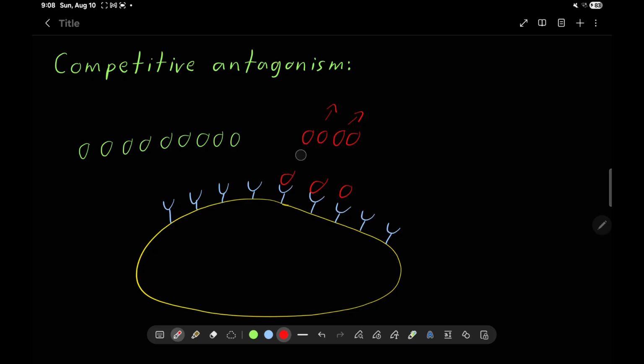So now some of your receptors may be occupied with antagonists, meaning that agonists won't be able to bind onto these receptors because they're already occupied, and therefore your response levels decrease. And as you increase the concentration of antagonists, adding more and more, the chance of your antagonists binding becomes higher and higher, while the chance of your agonists binding becomes lower and lower. So therefore, the more antagonist you add, the more cell response levels continue to decrease.